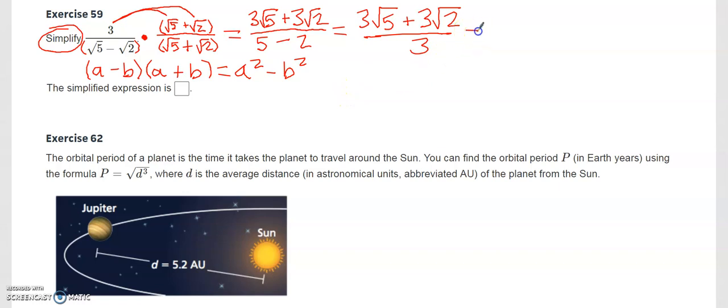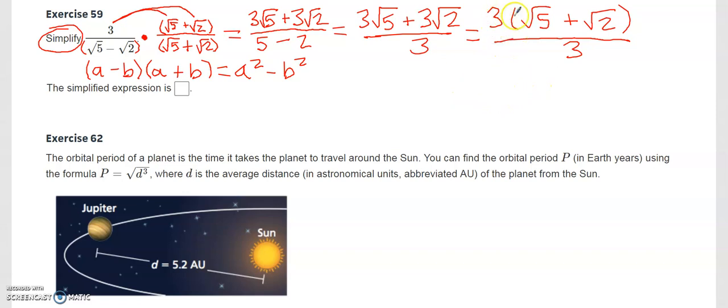Had we not distributed, and we could go back from distributing by factoring out the 3, we had this. And the reason this is interesting is because the 3's cross cancel. Now when I say cross cancel, here's why they cross cancel.